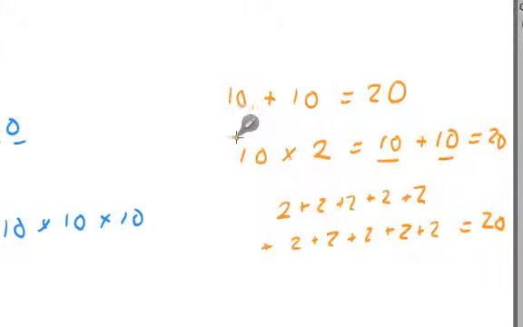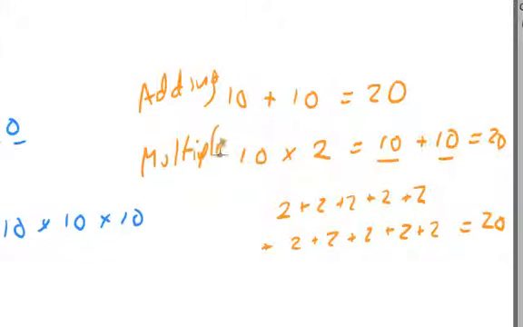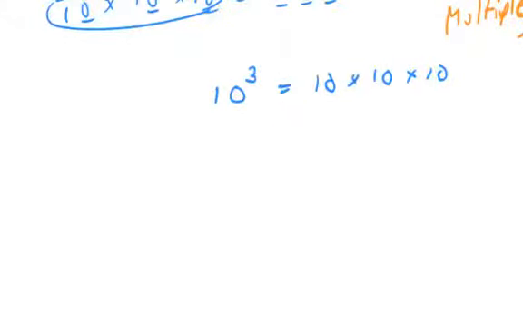So this is kind of like you had adding in second grade and you learned to multiply, and you realize that multiplication is just adding a number of times, and exponents or powers are similar. But it's more like multiplying a number of times.